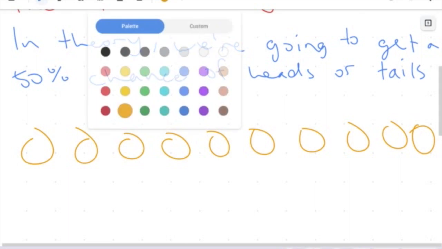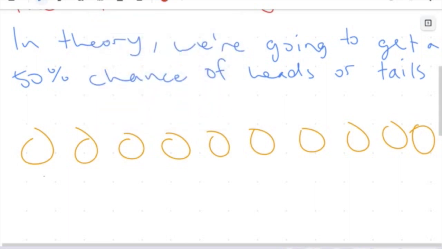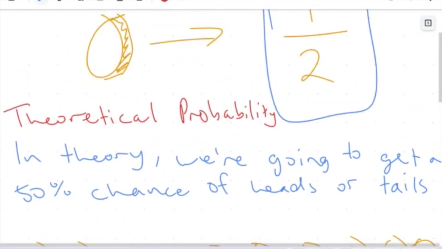So these 5 are going to be heads. But if we were to actually flip 10 coins, we may not actually get exactly 5 heads. Our theoretical probability is just a guide. It's just a rough prediction.